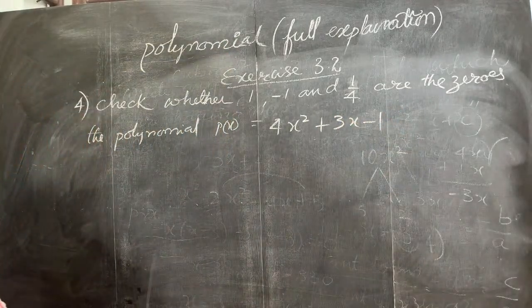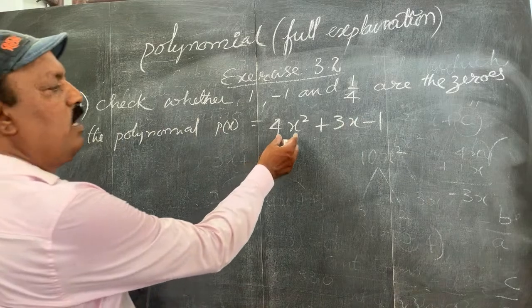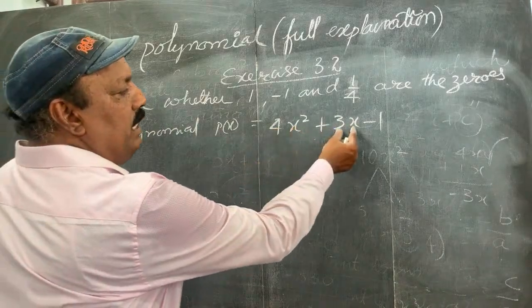What is the question here? One polynomial is given, 4x square plus 3x minus 1.